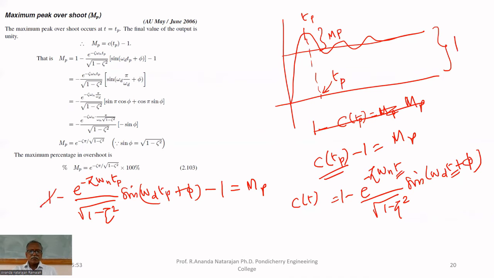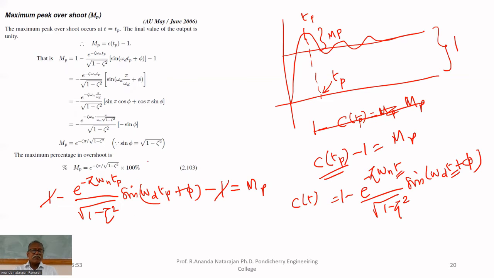The 1 gets cancelled. So we have e power minus zeta omega n Tp upon square root of 1 minus zeta square sine omega d Tp plus phi. This we have to find.